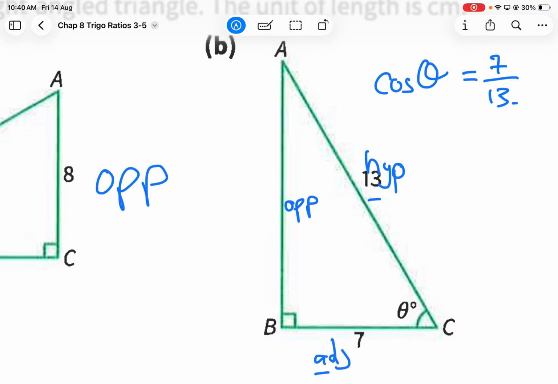So your angle theta is equal to, press calculator, cosine inverse 7 over 13. Okay, go and get your answer. 57.4.